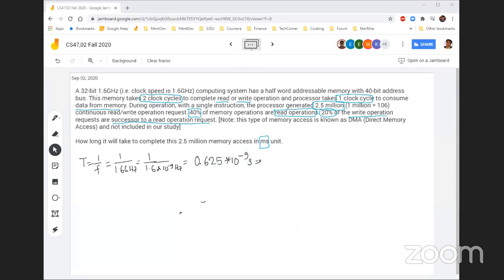And we all know 10 to the power minus 9 second is a nanosecond, so let's make it in nanosecond units. So this is my time period.